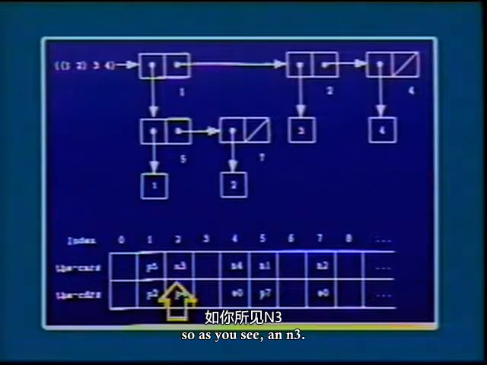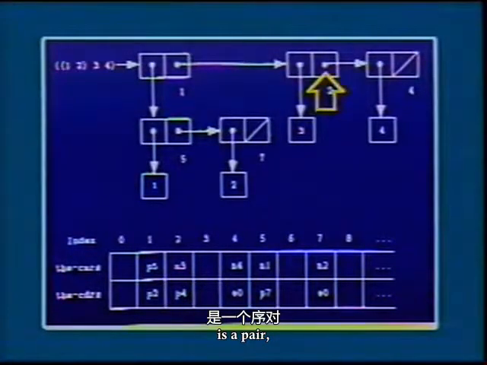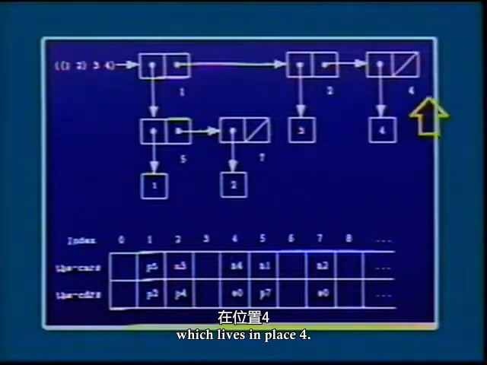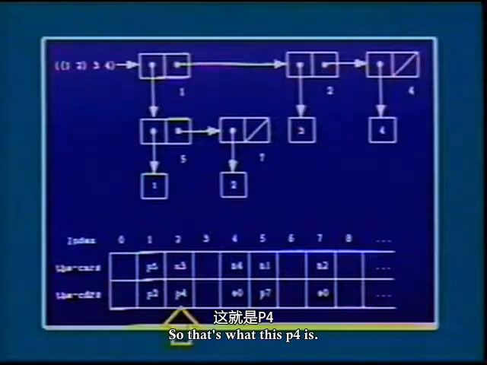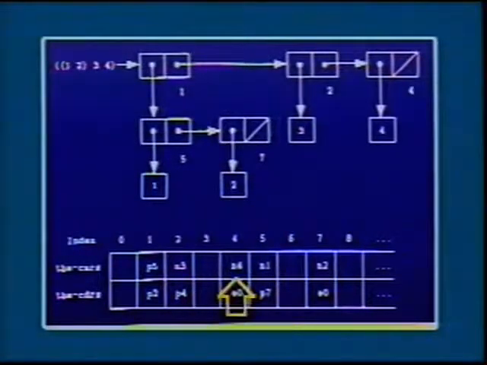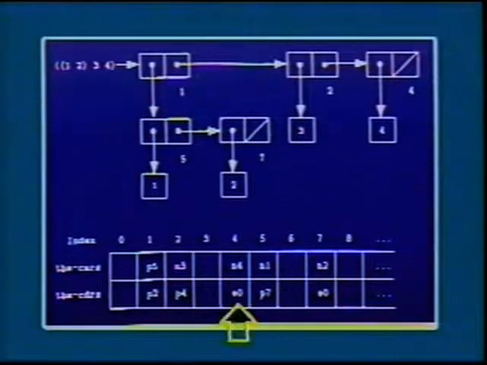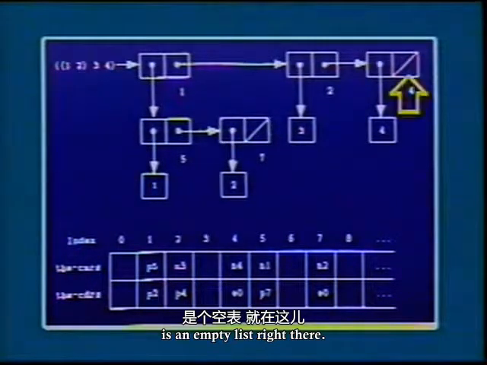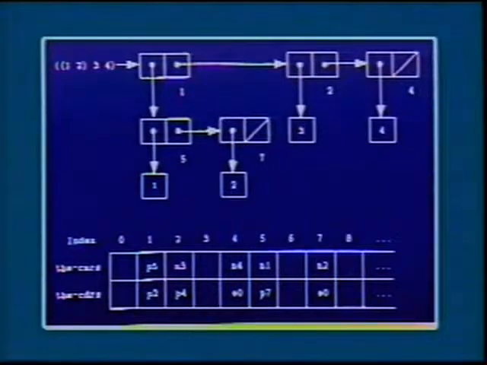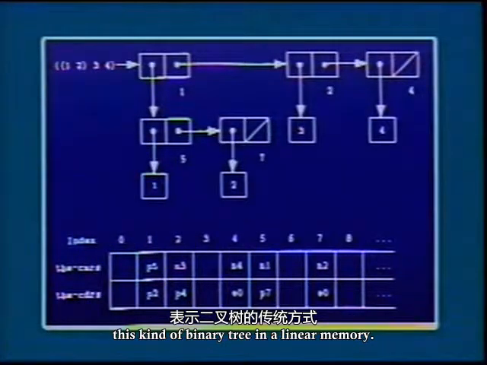So that's, you see, an N3. And whose cdr over here is a pair which lives in place 4. So that's what this P4 is. P4 is a number whose value is 4 in its car, and whose cdr is an empty list right there, and that ends it. So this is the traditional way of representing this kind of binary tree in a linear memory.